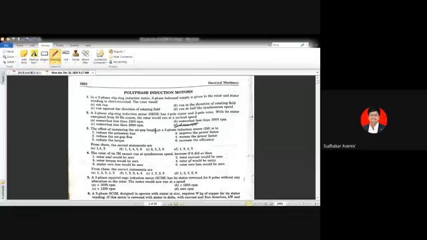See here, the third one. The effect of increasing the air gap length in a 3-phase induction motor is to: 1.